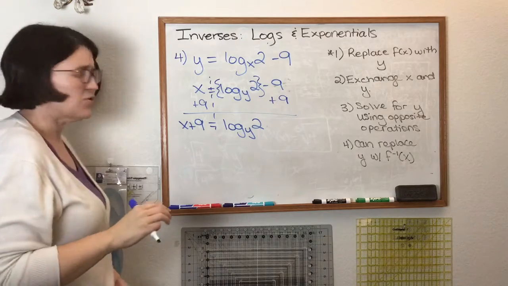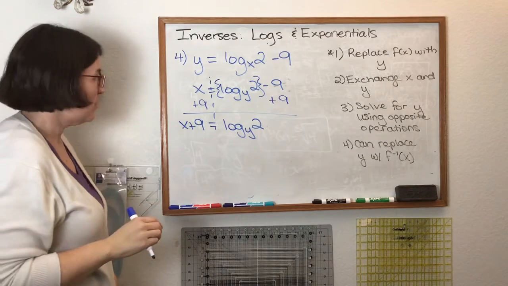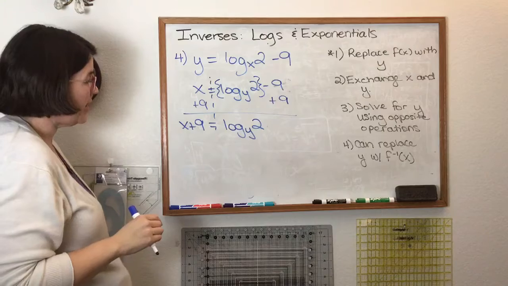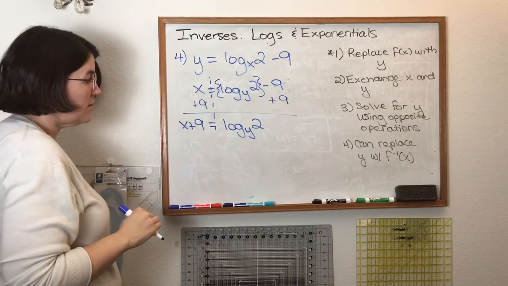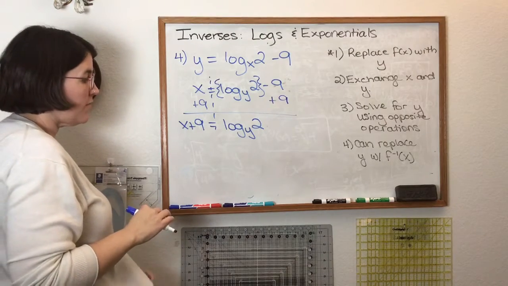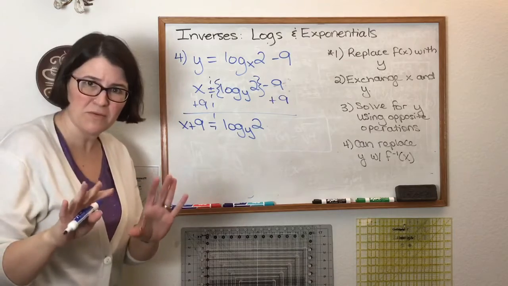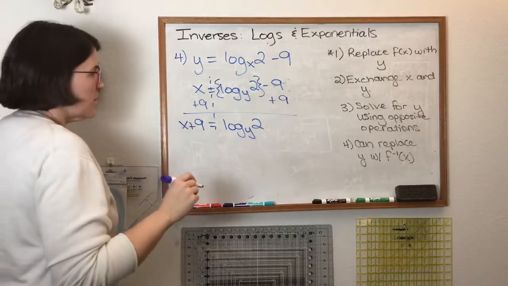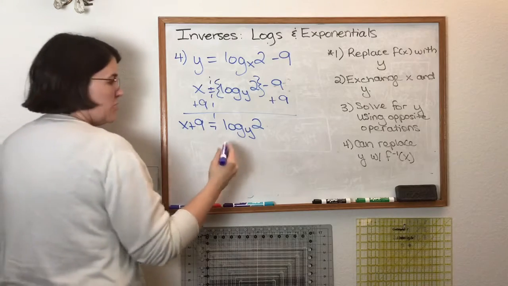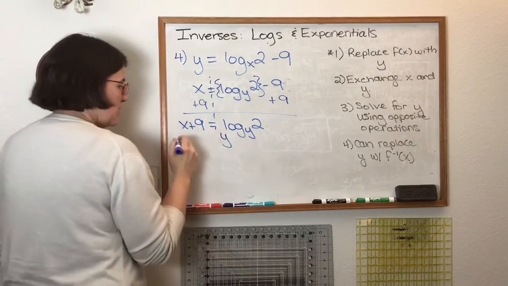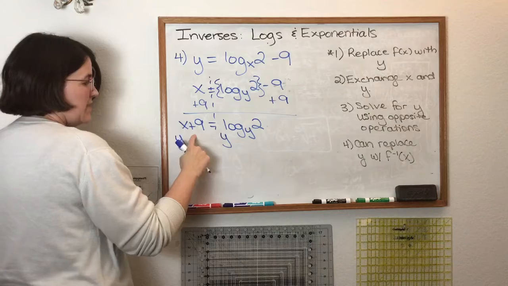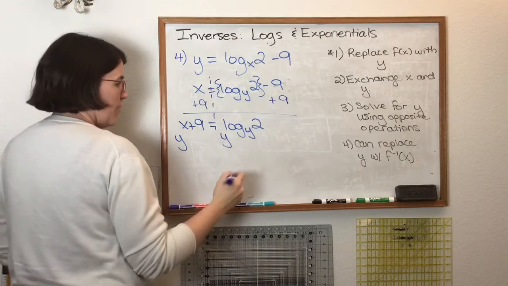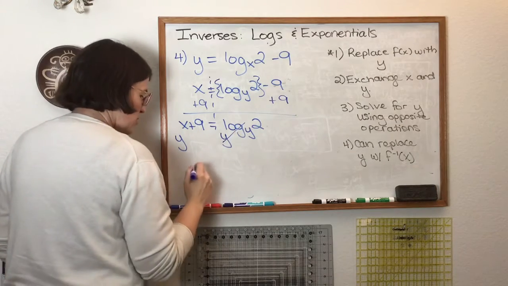Okay, now here's where it's going to get a little weird. We are going to introduce our base to get rid of the log, and it's going to give us a weird fractional bit, and we're going to have to do some backwards work, so let's see how this goes. All right, I'm going to introduce y now as my base. I get y to the x plus 9 equals y to the log base y of 2. These two will cancel.